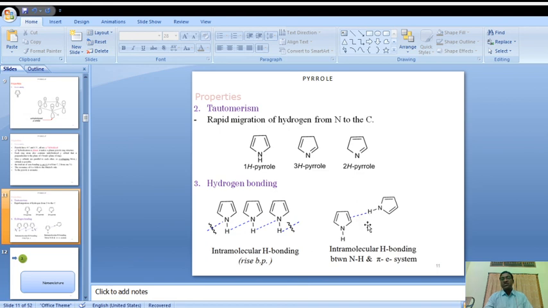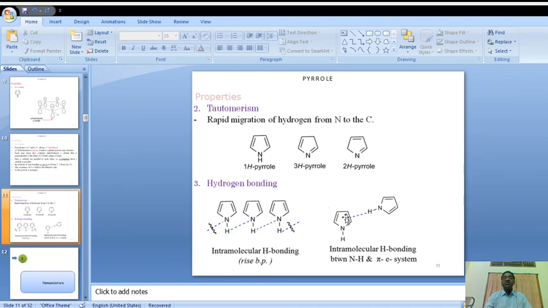Here also, please observe, another type of hydrogen bonding is possible in pyrrole: between NH and the pi electrons of another pyrrole ring.